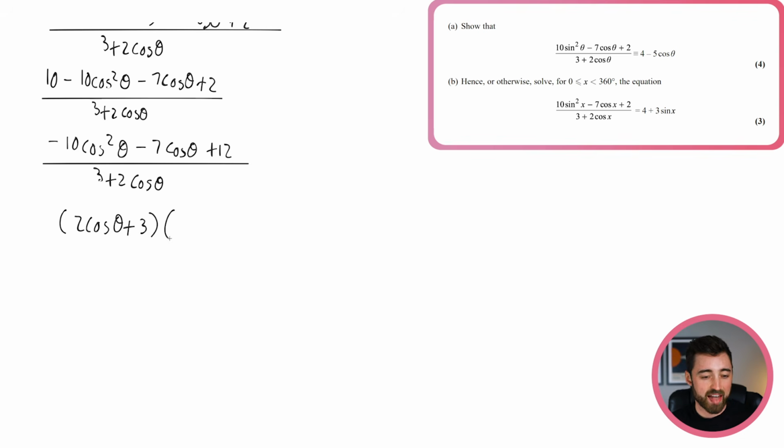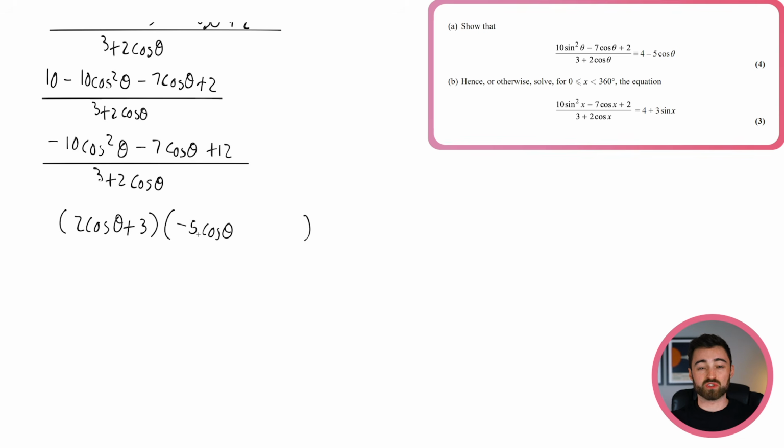Because, right, what would we need? For our cos squared term, I need a minus 10 cos squared theta. So what would I need to multiply 2 cos theta by to get that? It would be minus 5 cos theta, right? So then I'd get minus 10 cos squared theta, and then I would get minus 15 cos theta.